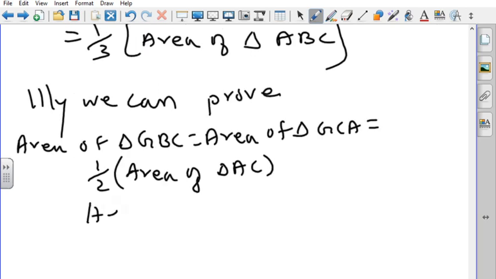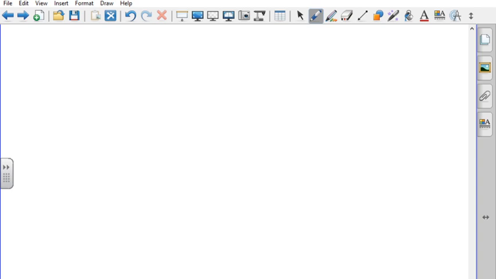Hence proved. Okay, next we will go to the next question. 9, 10 and 11 can be taken for homework. The 11th question is similar to what we have done in the example, so that can be taken for homework.